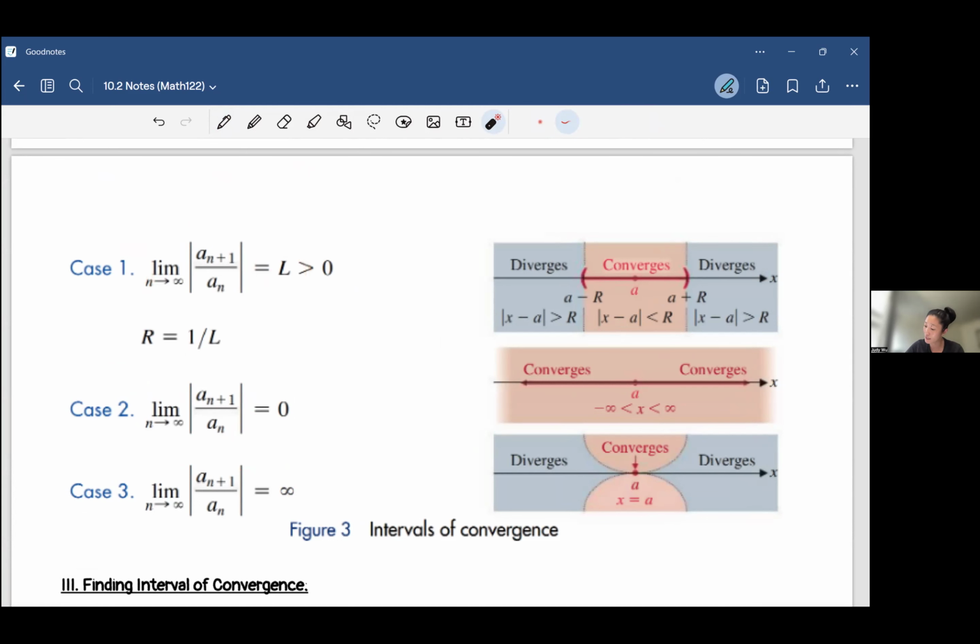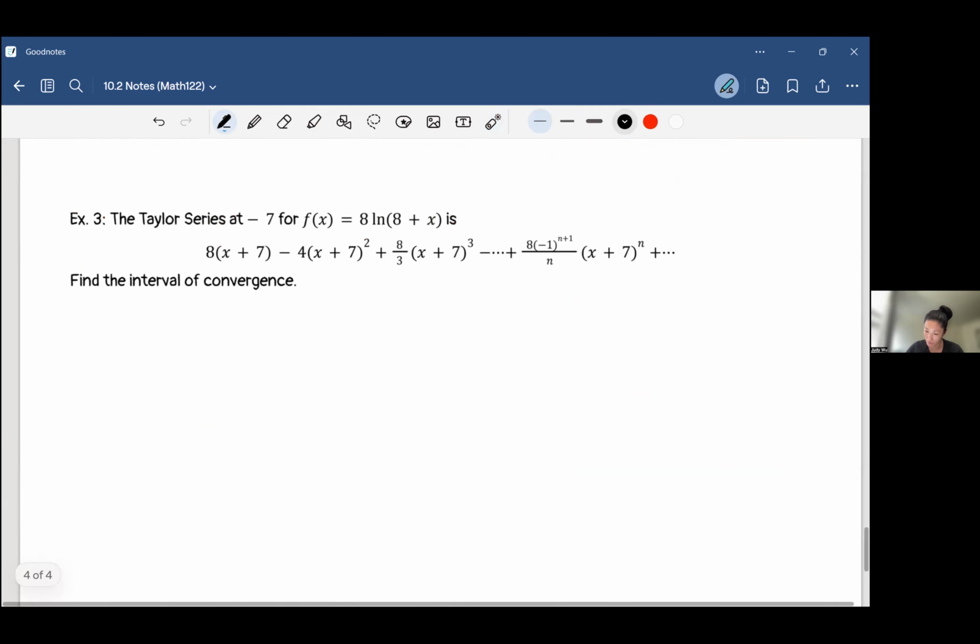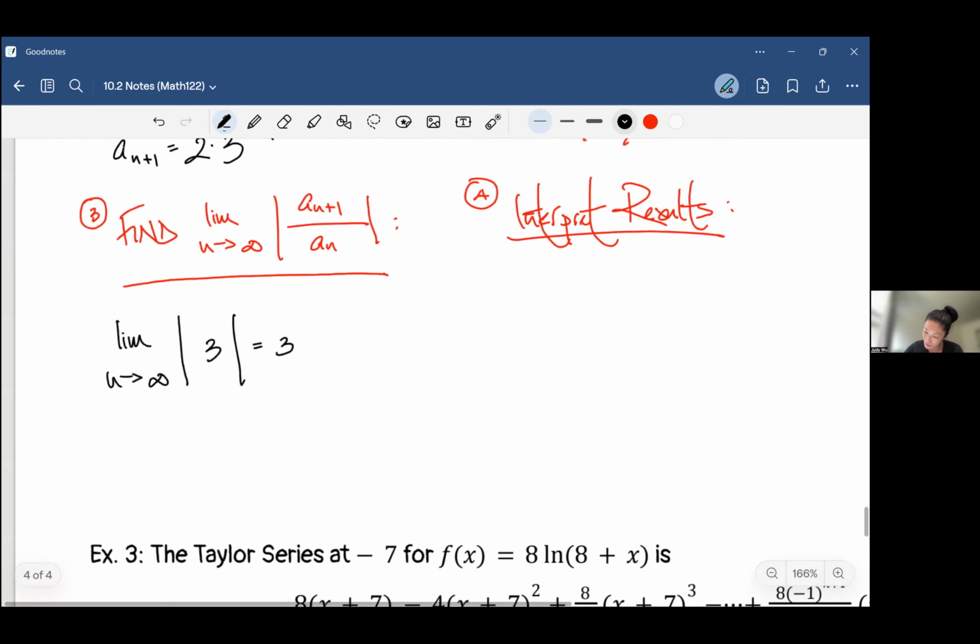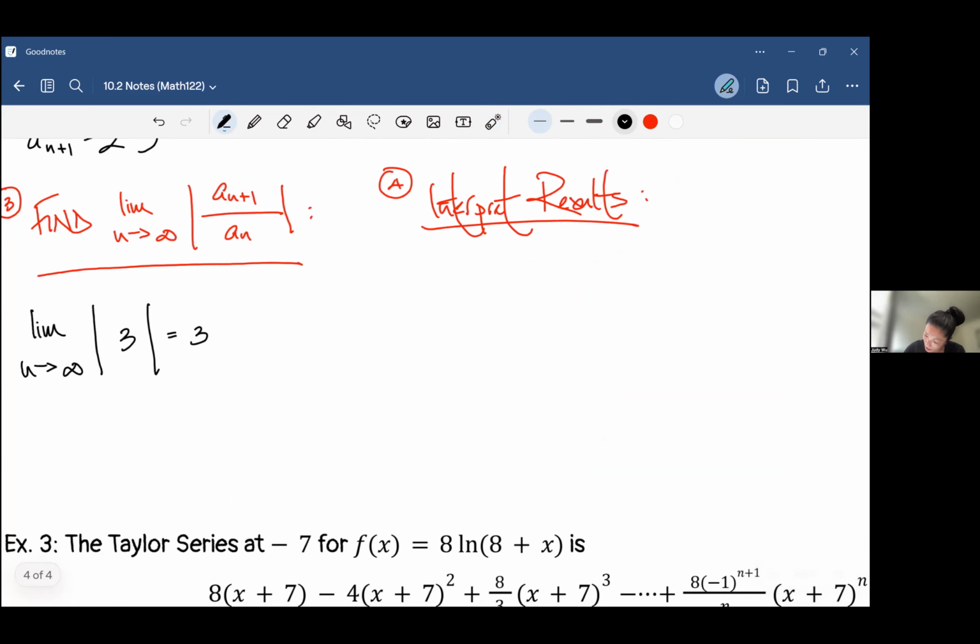What we need to find is our interval of convergence, like where does this Taylor series converge? We can do that by saying our radius is just 1 over L. So L equals 3, so the radius is 1/3.